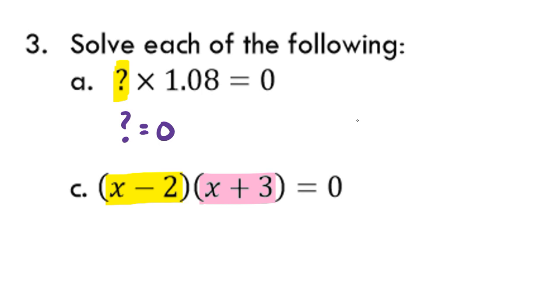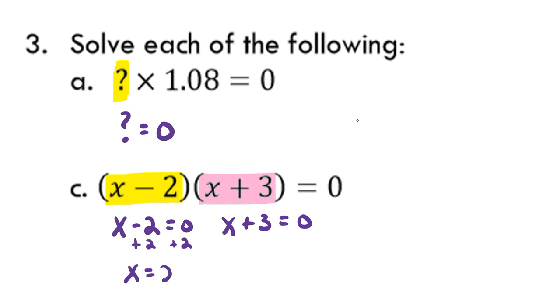Now remember, one or both of the factors must equal 0 for the property to work. So either x minus 2 equals 0 or x plus 3 equals 0. When we solve, we could just add 2 to both sides to get x is equal to 2. That would be one of our possibilities. Or here we would subtract 3 to solve for x and get x equals negative 3.